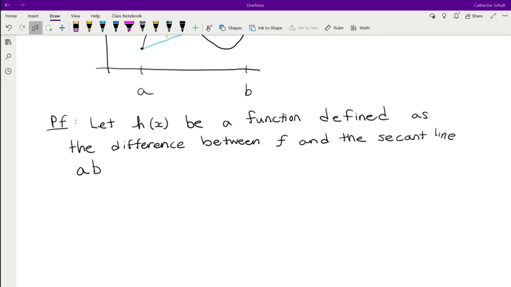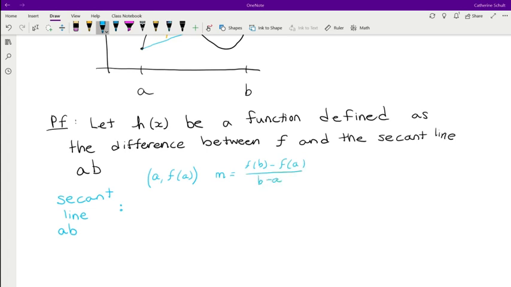And I'm going to make an equation of that line down here. And then once we have an equation, then we can subtract it from f. So we need an equation for the secant line. And we're just going to do it using our point-slope form. We have 2 points, A, f of A, and B, f of B. I'll just use the first point. And then we already know the slope is f of B minus f of A over B minus A. And then that's all you need.